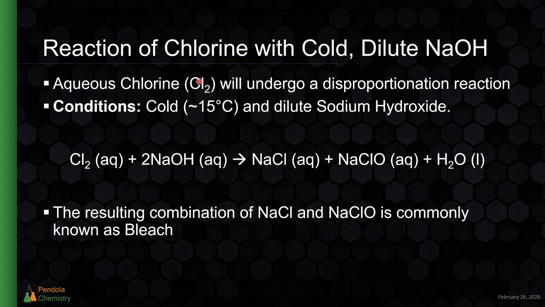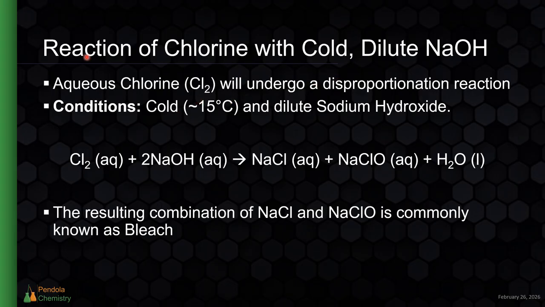In this case, the aqueous chlorine is reacting with cold dilute sodium hydroxide, or NaOH. Again, the sodium hydroxide here has to be dilute, so it has to be a very low concentration, and it has to be under cold temperatures, 15 degrees or so, maybe a little below that.